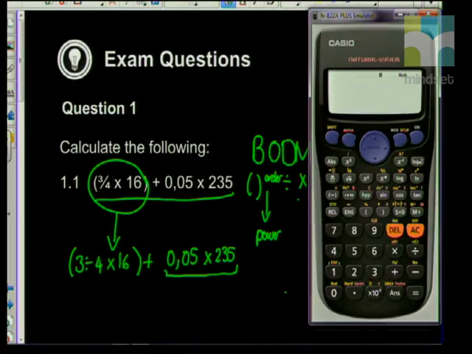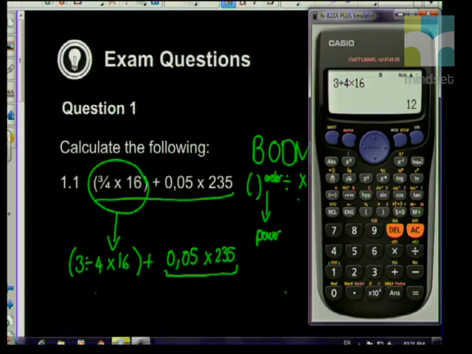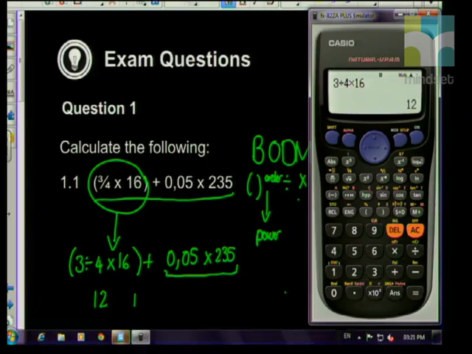Let's do 3 divided by 4 times 16. And that gives us 12. And then I need to do this part. So I'm going to clear my calculator and do 0.05 times 235.